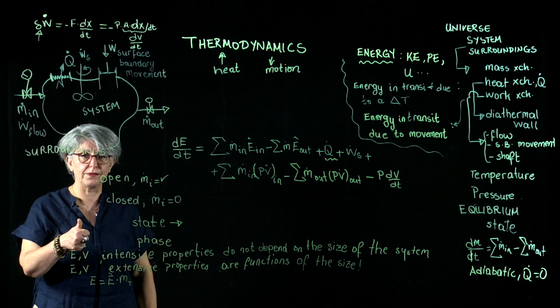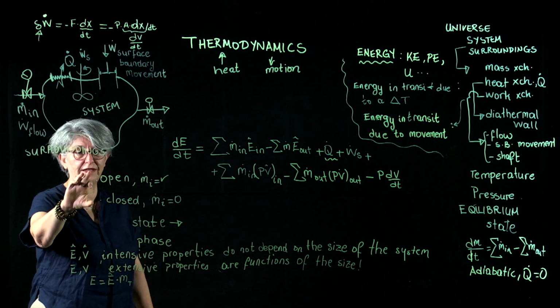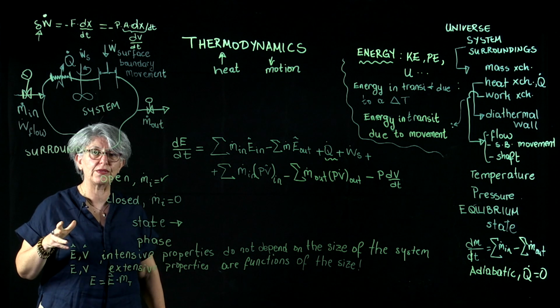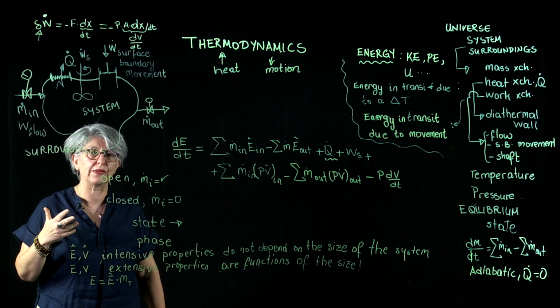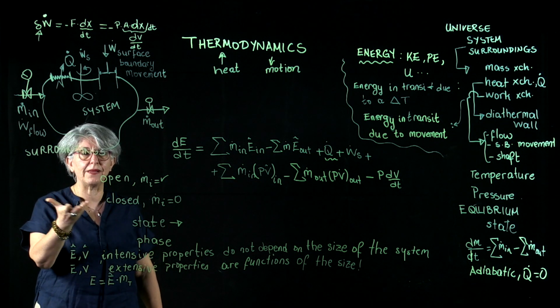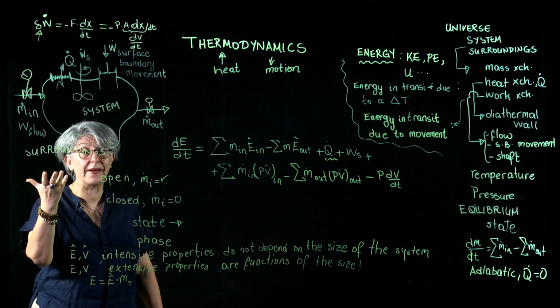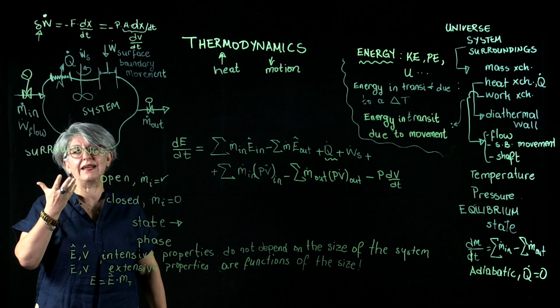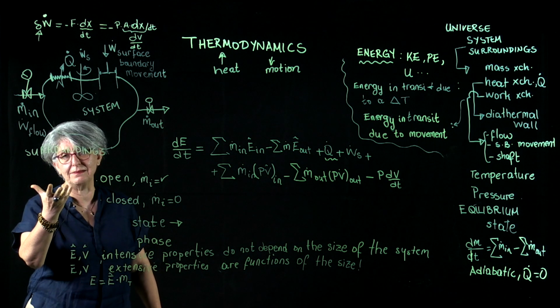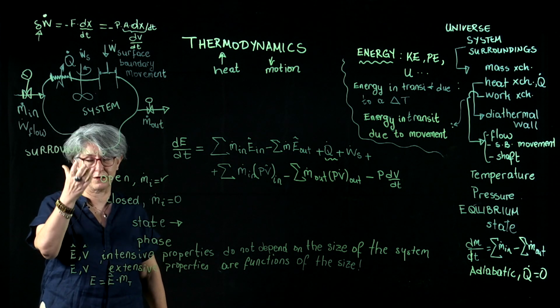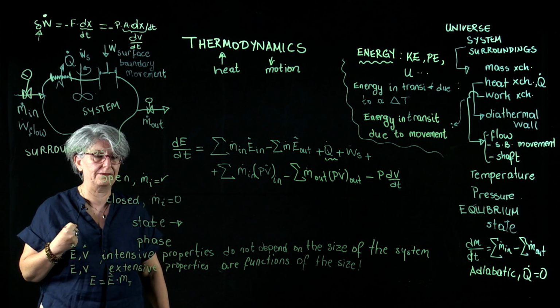So we defined open, closed, relative to the mass exchange. When I say an open system, we will understand that the system allows heat exchange, mass exchange. When I say an adiabatic system, it means that the system doesn't allow for heat exchange.